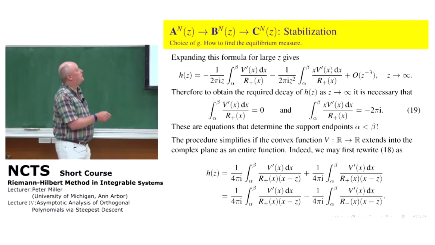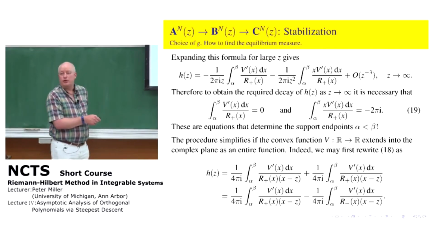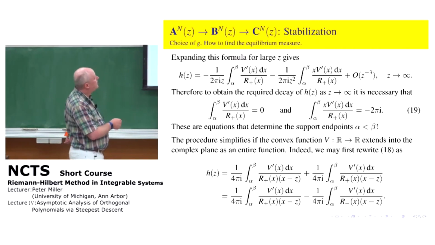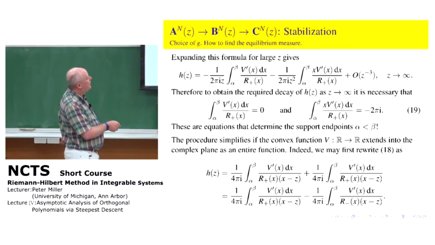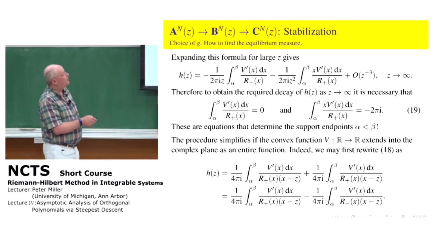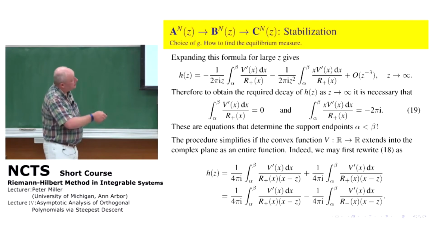So now we count. We have 2 equations here, and there are exactly 2 unknowns in our problem, alpha and beta. So 2 equations and 2 unknowns, there's a chance we should be able to determine alpha and beta, the support endpoints, from these 2 formulas. So let me now explain some further tricks.